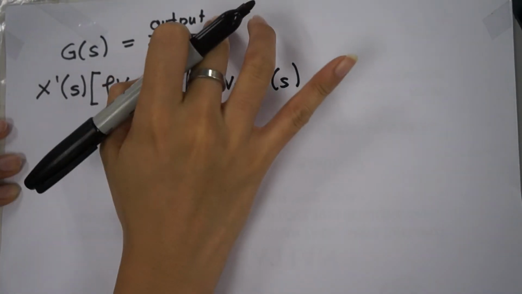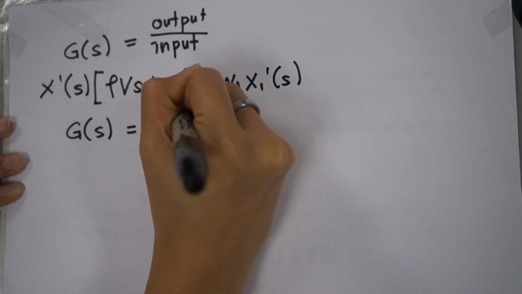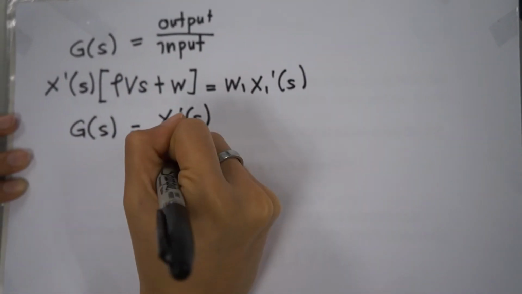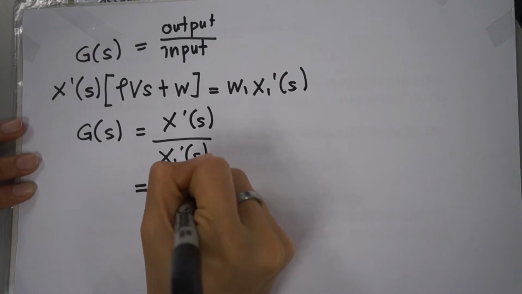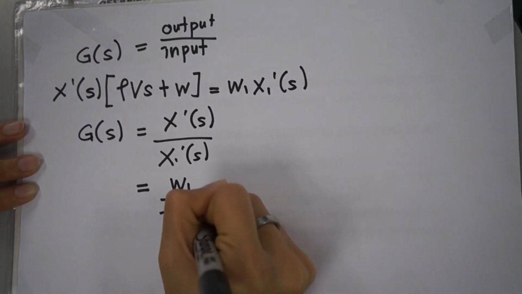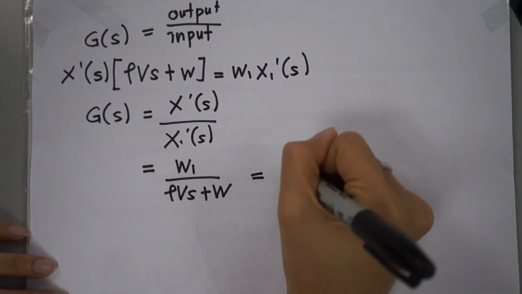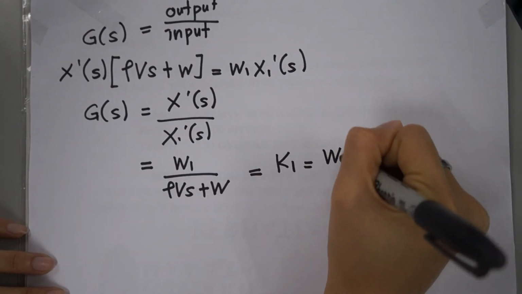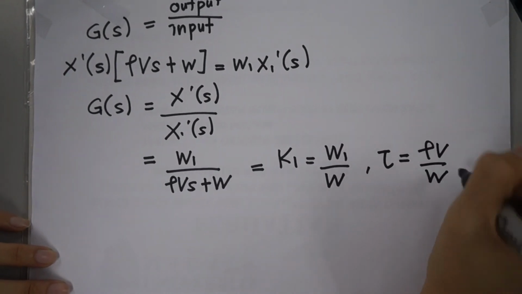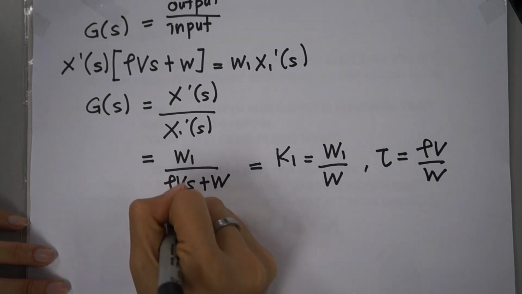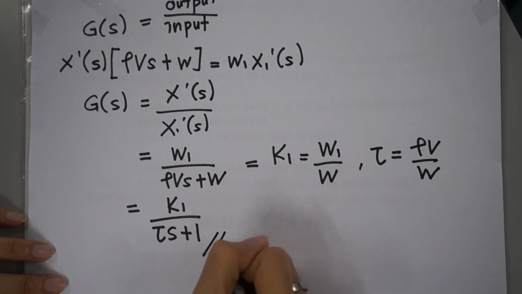So we want to do it this way, output over input, and you will get this. After rearrangement, you should get this. It's a bit confusing here, so we will simplify it this way. If you put all this in, you should get this, and this is the one that we're looking for today.